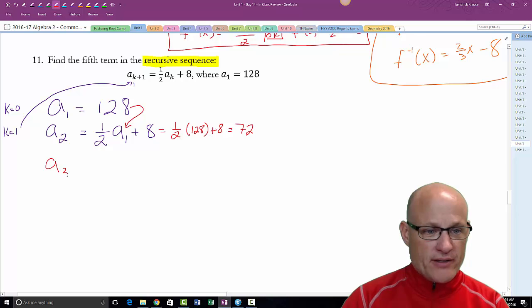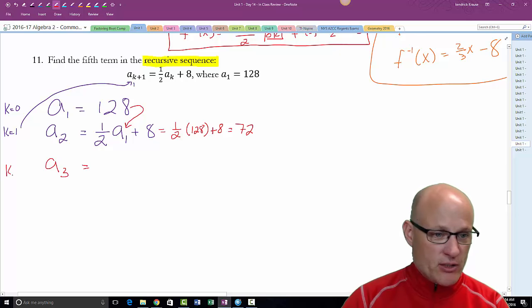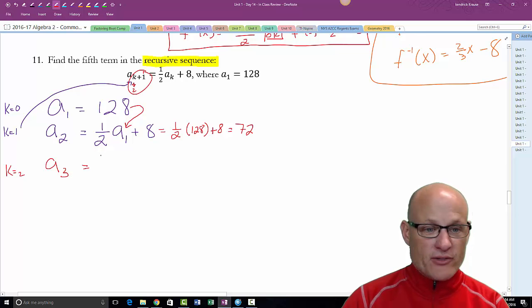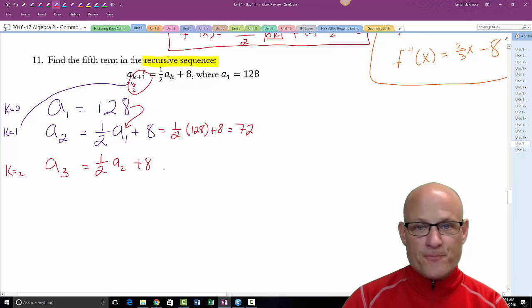A sub 3 then is when k equals 2. That's why I've got 3 here. A sub 3 is equal to 1/2 a sub 2 plus 8. So that's 1/2 of 72 plus 8.